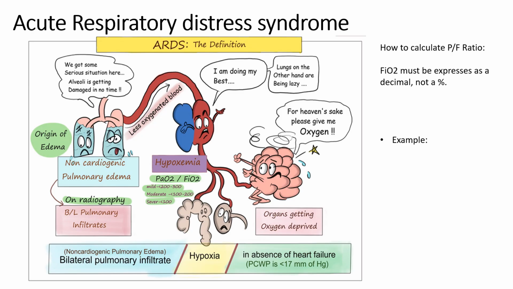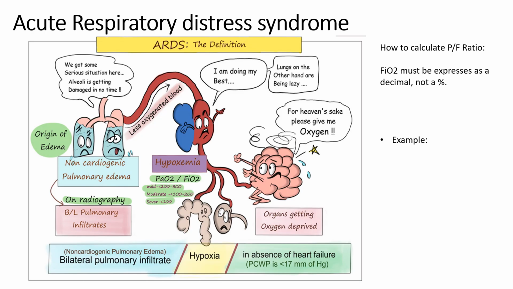You'll see here that ARDS requires bilateral pulmonary infiltrates on the imaging. That means both lungs show a hazy, fluffy appearance because they're full of fluid and inflammatory debris. At the bottom of the slide, you see the absence of heart failure, which is important.